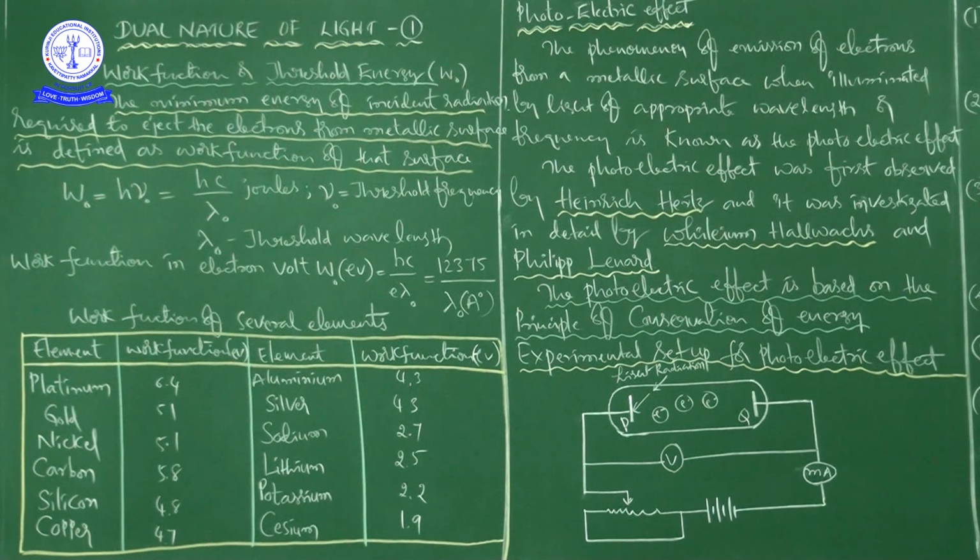So when a metallic surface is exposed to electromagnetic radiation, then emission of electrons takes place. This is what we call the photoelectric effect.